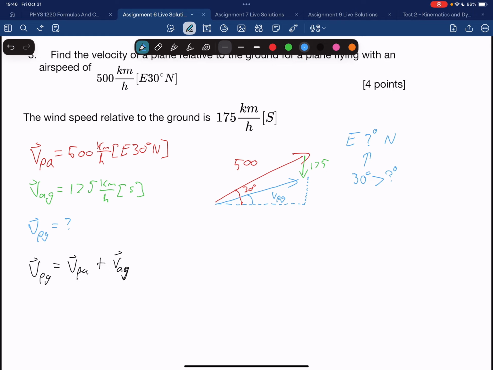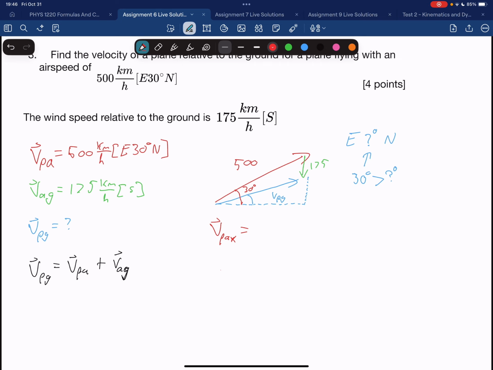So let's break 500 into components here. We are going to have some ugly looking subscripts, but that is okay. Don't have to deal with them for long.